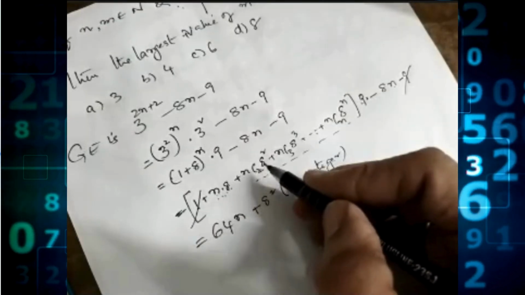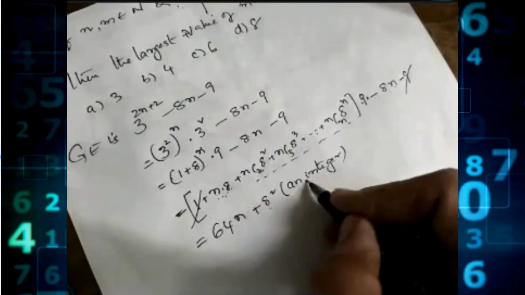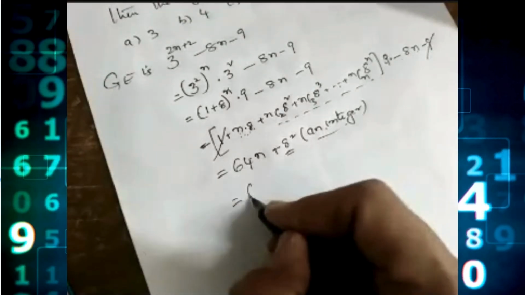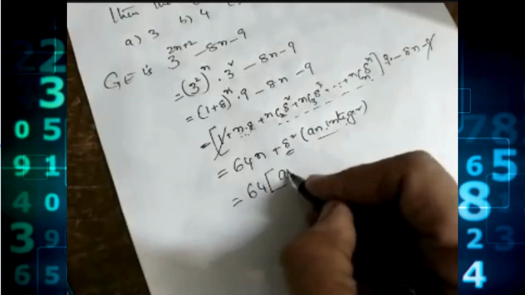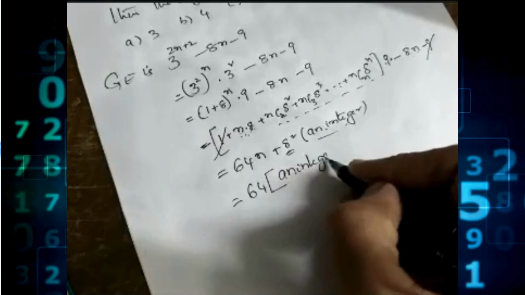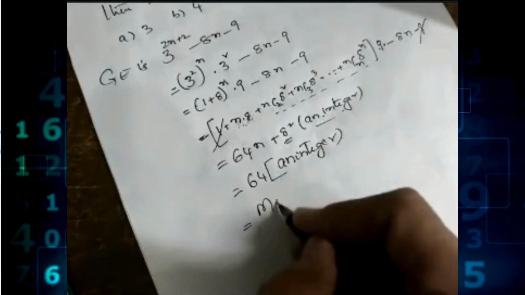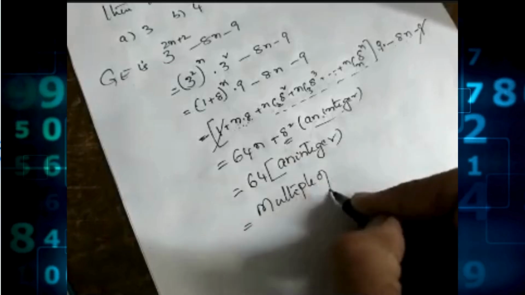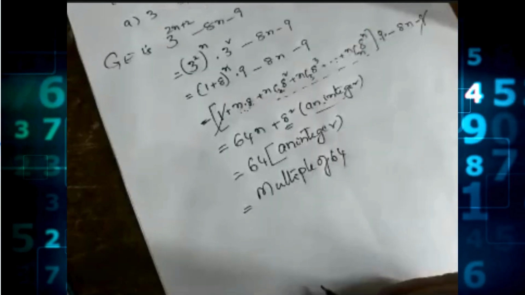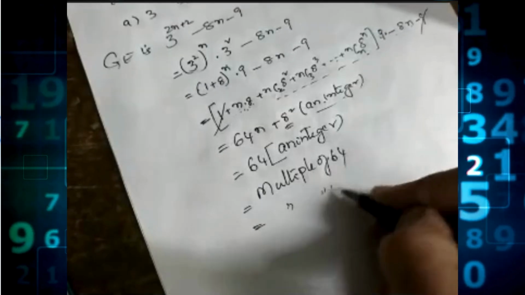From this entire expression, you can get 64 as a common factor into an integer. So you can imagine this as a multiple of 64, which means a multiple of 2 power 6.